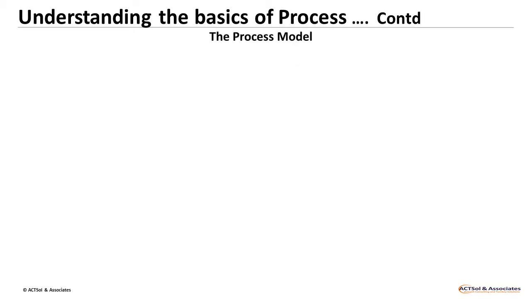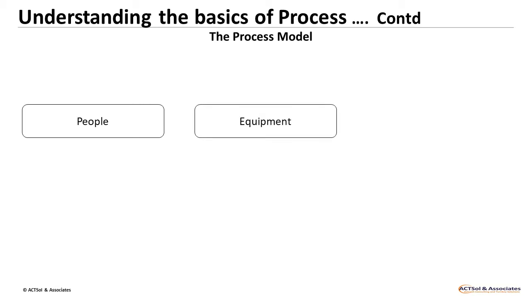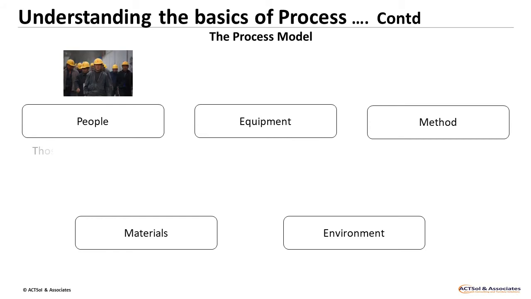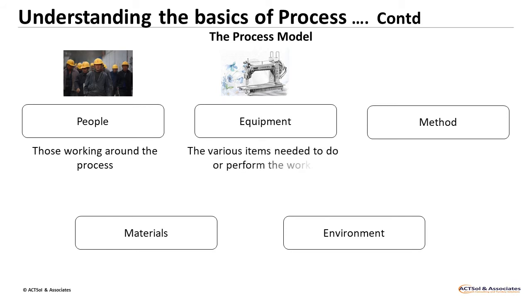The process model. All work is a process, and the process is a blend of the people, equipment, method, materials, and environment. People, those working around the processes. Equipment, the various items needed to do or perform the work.